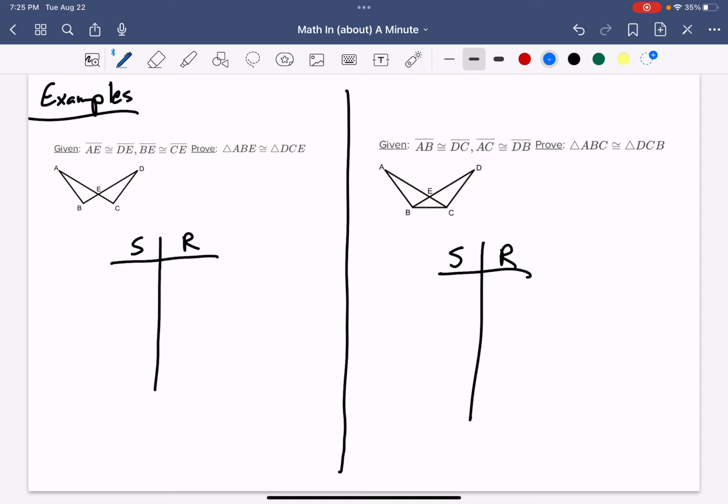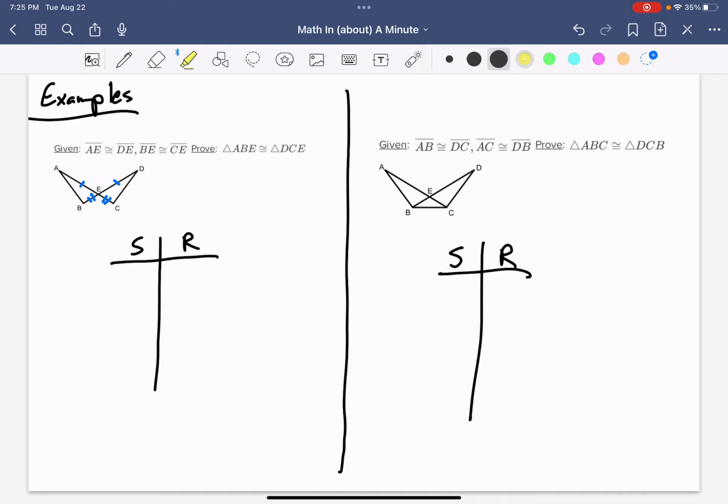First, I'm going to use the picture that's given to me. I'm told that AE is congruent to DE, so I'm going to put a line there. I'm also told that BE is congruent to CE. And then my goal here is to prove that triangle ABE is congruent to triangle DCE.